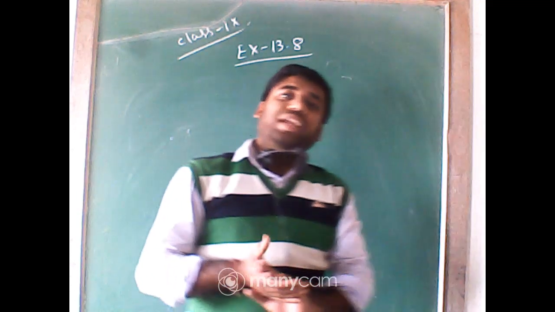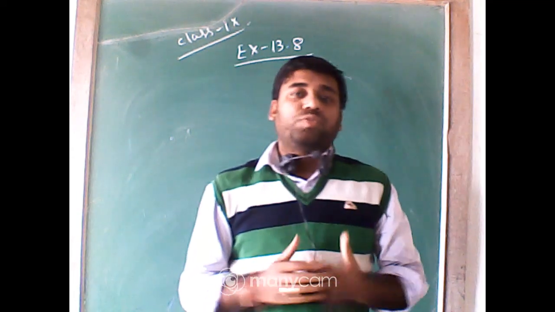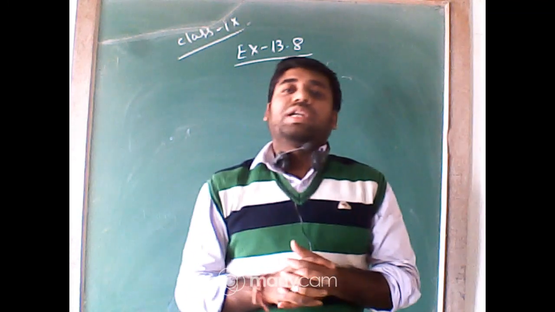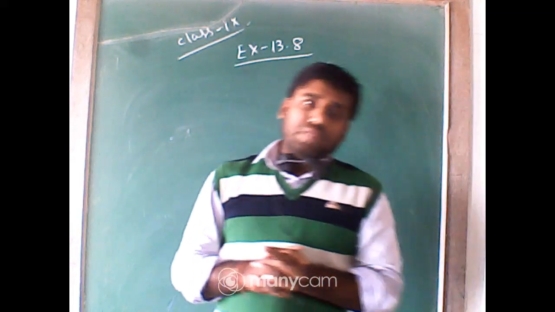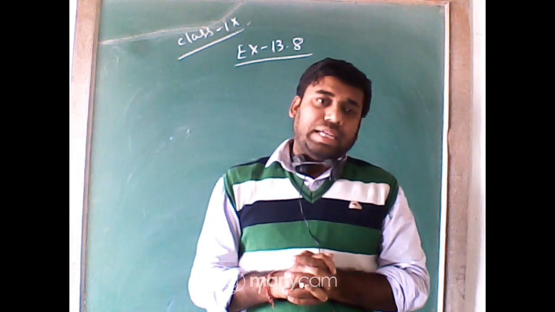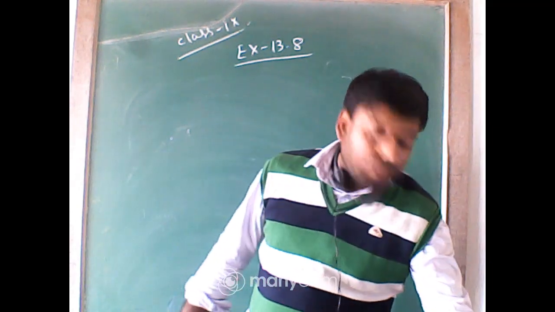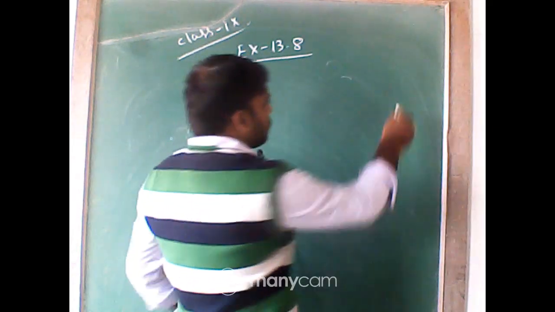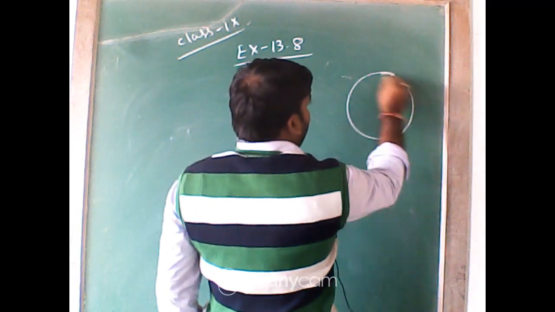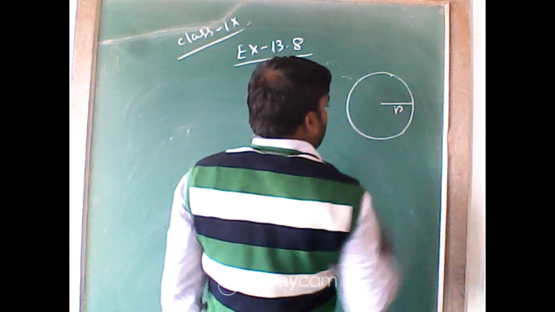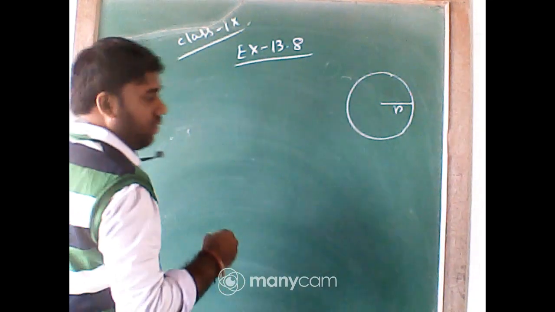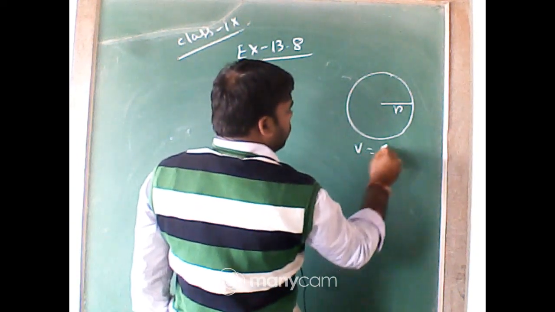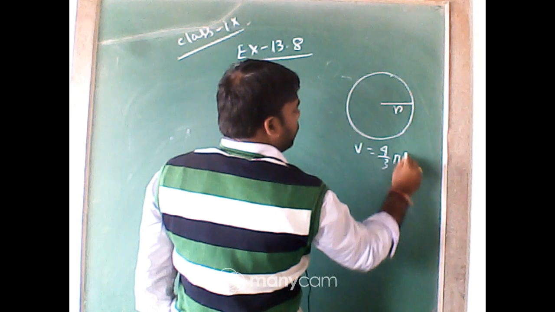Exercise 13.8 is based on the volume of a sphere. When we calculated the surface area of a hemisphere and the surface area of a sphere, I discussed the formula for volume. For a sphere of radius r, the volume is V equal to 4/3 pi r cube.